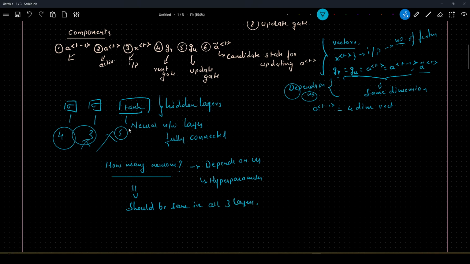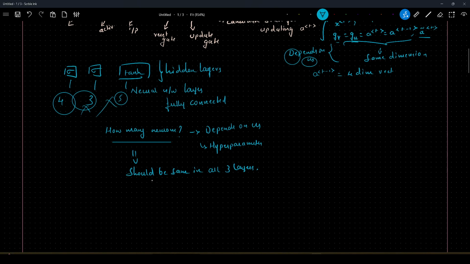And one more interesting thing: the number of neurons in these hidden layers will decide the dimensions of GR, GU, AT, AT minus 1 and A bar T. You have to understand how the number of neurons in the hidden layers determines the dimension of these outputs, gates and candidates. So if we have 4 neurons in the hidden layer, all of these will be vectors of 4 dimensions. Hope that is clear.